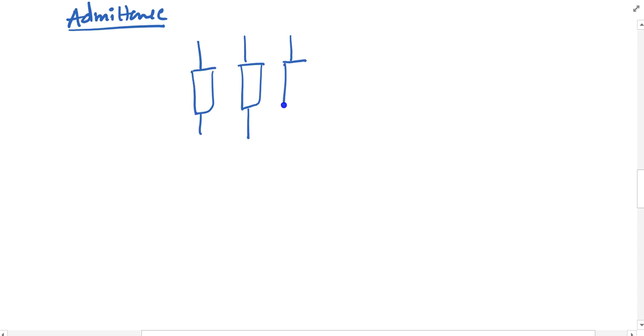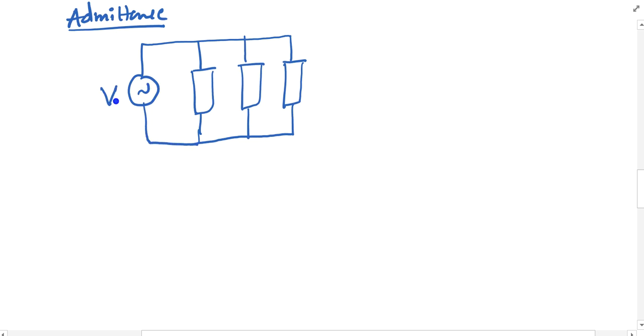It may be RL, it may be RC, it may be RLC. This is the generalized circuit I am trying to show here. This is my current I, and this is the impedance Z1, this has impedance Z2, and this load has impedance Z3. The current drawn by this impedance load is I1, by this one is I2, and by this one is I3.